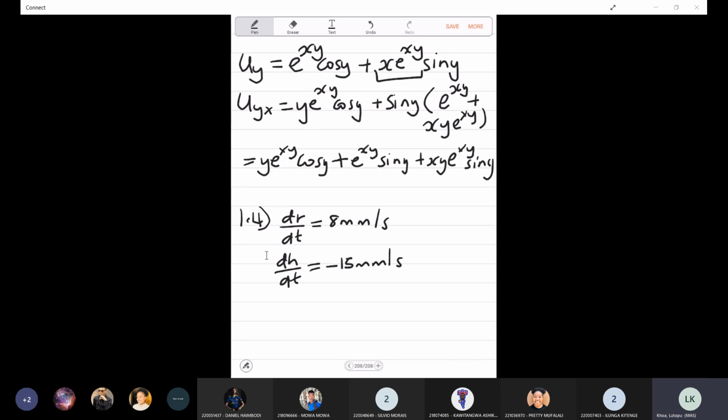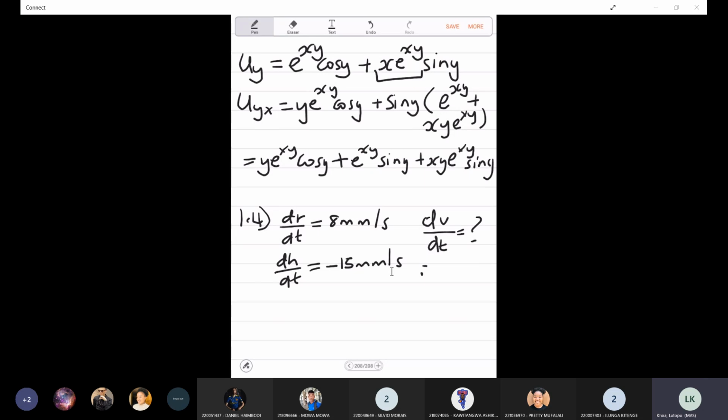And then we have to find the rate at which the volume is changing. So we want dV/dt, and at what instant do we want dV/dt?